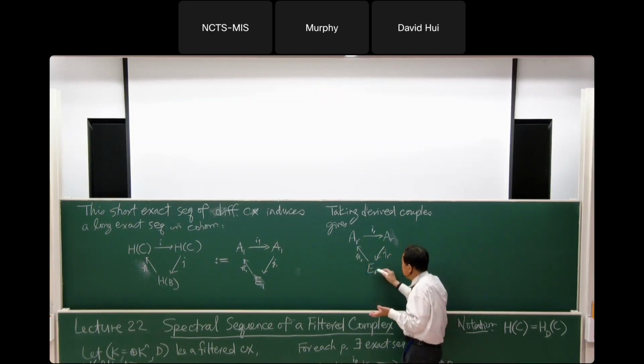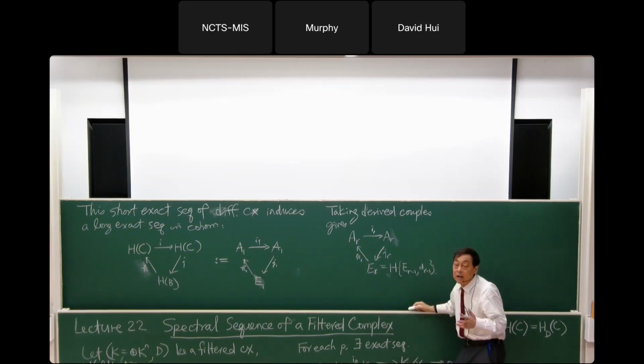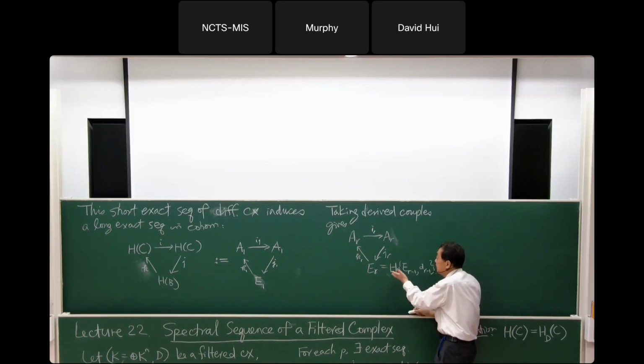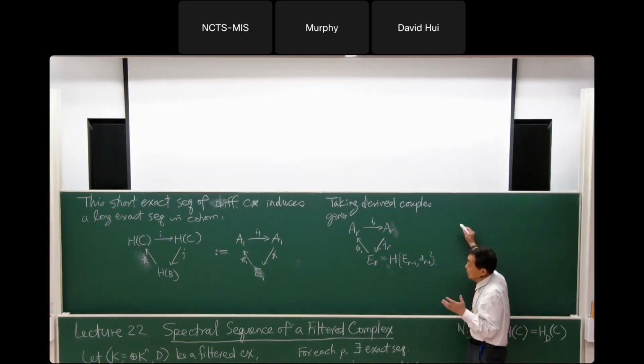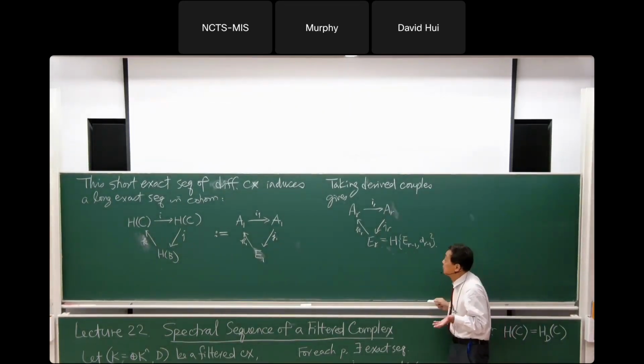When you take derived couples, each time this ER is the cohomology of the previous ER, with respect to d_{r-1}. So you get an infinite sequence of differential groups, each one the cohomology of its predecessor, and that's a spectral sequence.